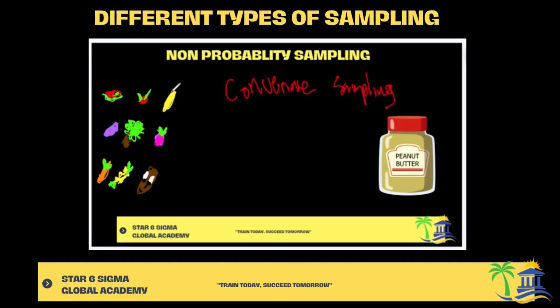This is basically saying, okay, I'm only going to grab whatever's easiest, whatever's coming closest to me. So that would be convenience. Like I see you in the office and say, hey, I need you to come help me out with this. Here's a process sample. I grabbed you at random because you were convenient.